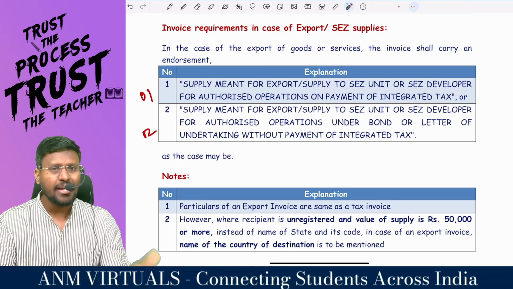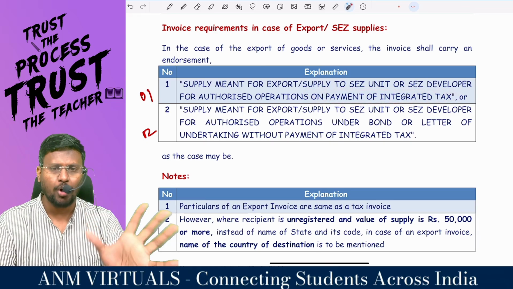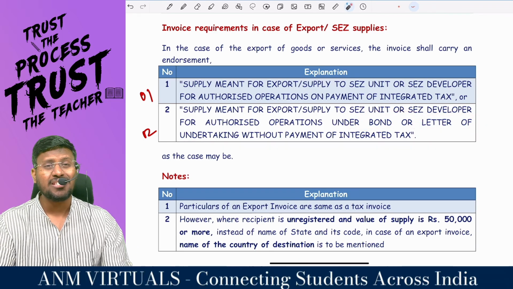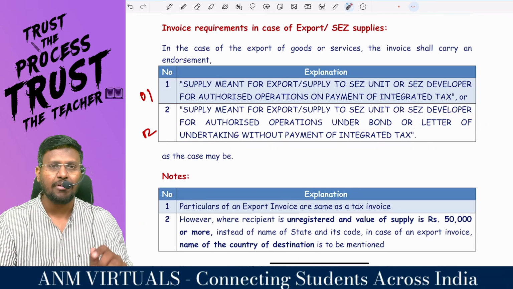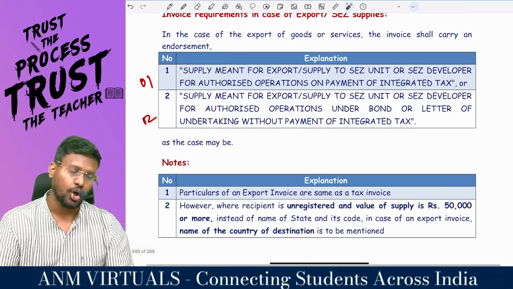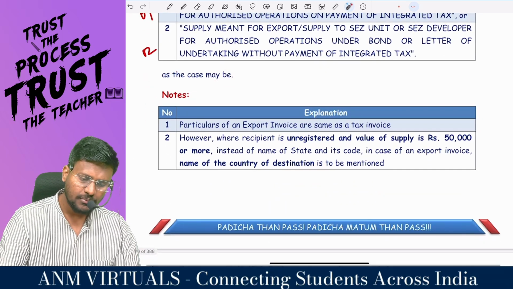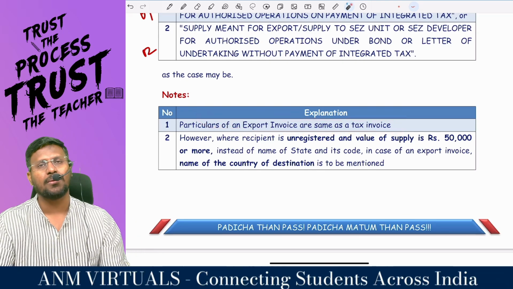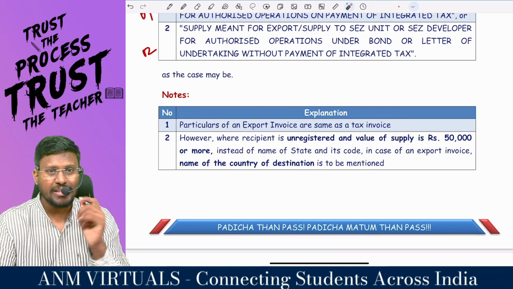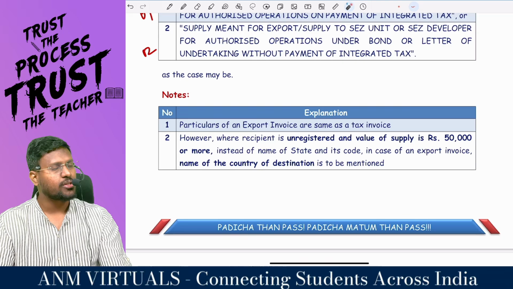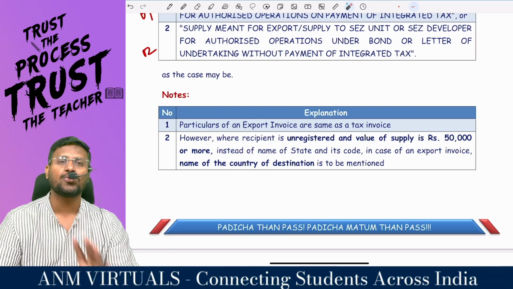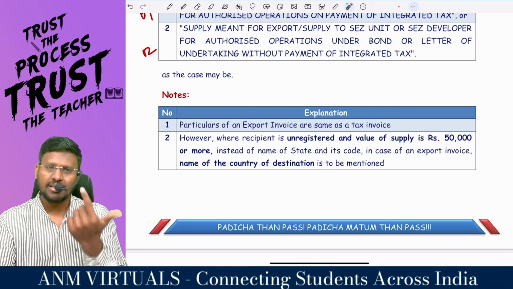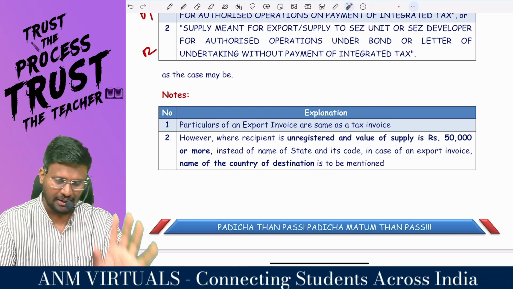If you are supplying without payment of IGST, that is the bond or LUT option, you have to mention in the invoice that I am supplying under the bond or LUT option as the case may be. So the particulars of an export invoice are the same as a normal tax invoice. Whatever particulars we studied for a normal tax invoice, all the details should be there in the export invoice also, like supplier details, recipient details, goods or services details, and so on.